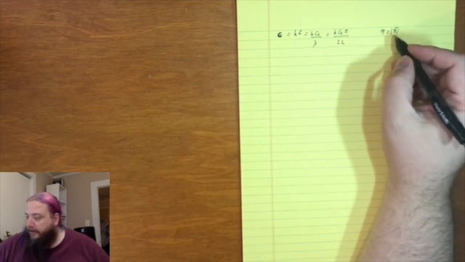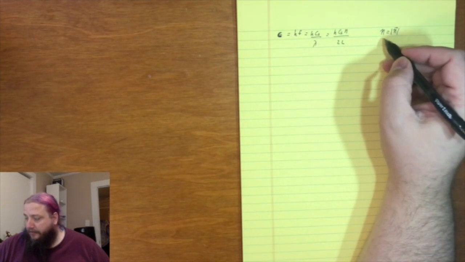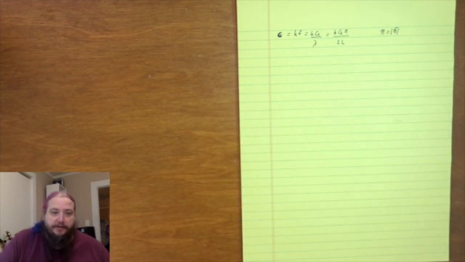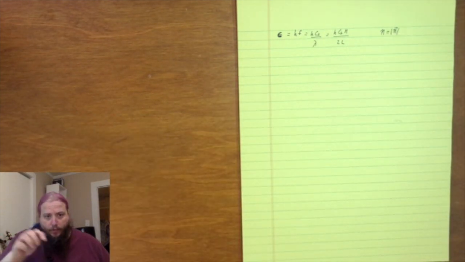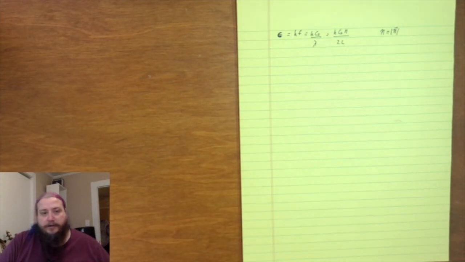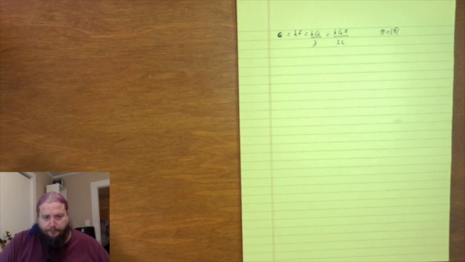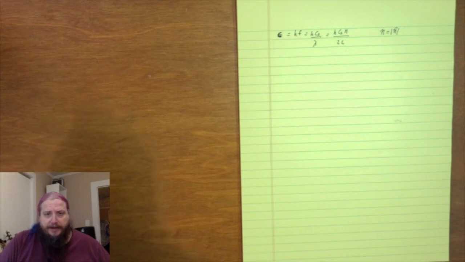So in the case of the lowest allowed mode, that would be n equals 1 in each of the directions, and so on.